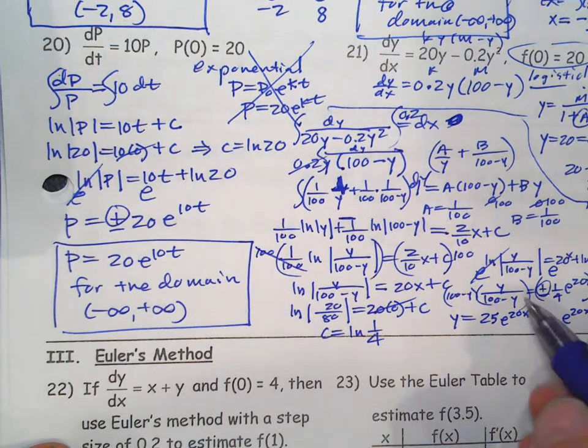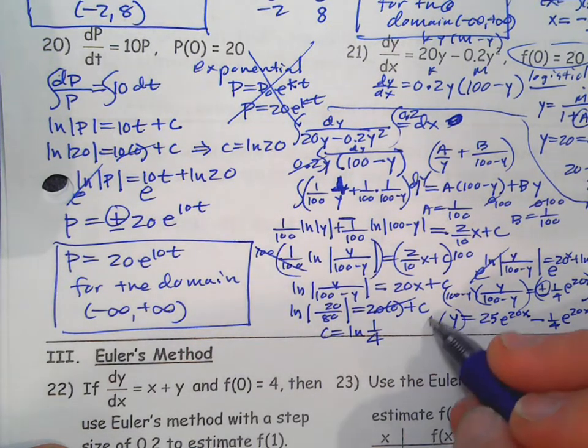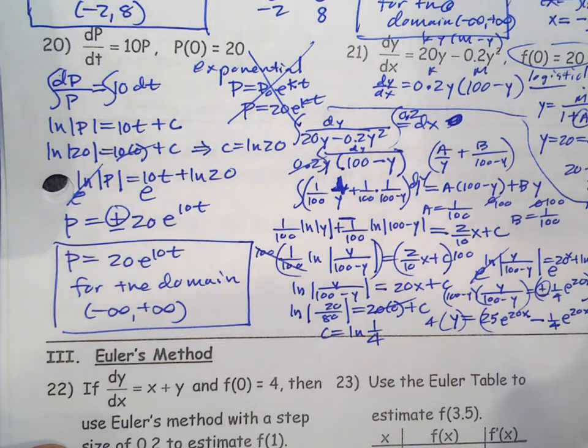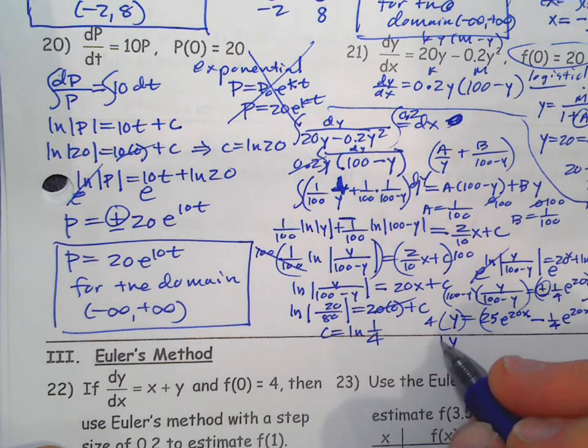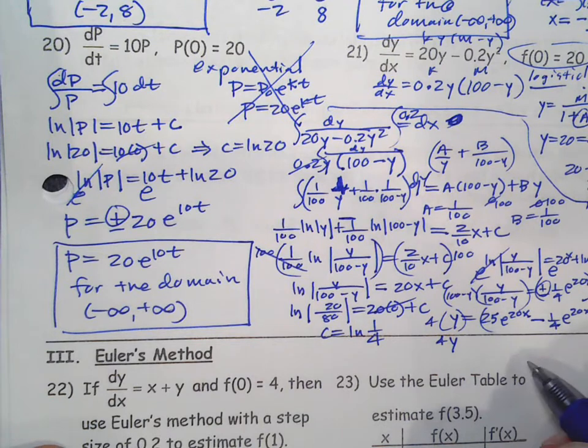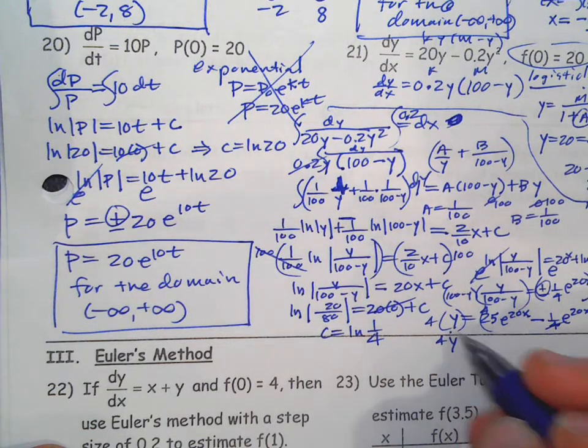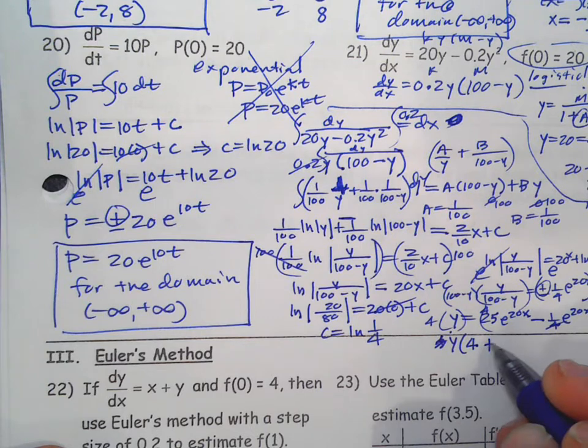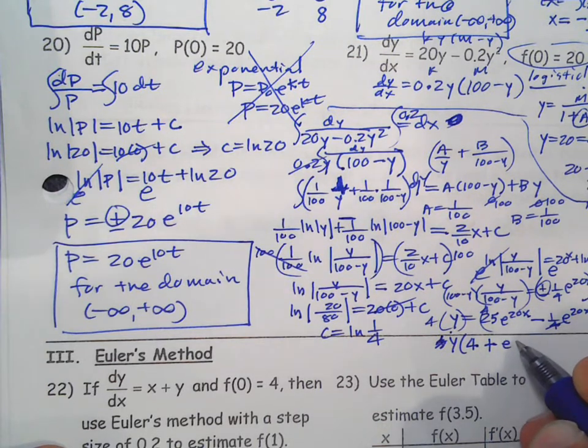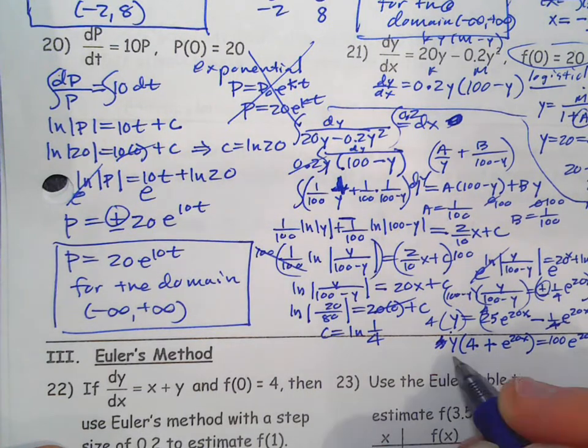To make things easier, you might multiply everything by 4 just to get rid of the fractions. And then move this y back over here, and then factor the y out. So there's going to be a 4 plus e to the 20x equals 100 e to the 20x. And then you can divide both sides by that.